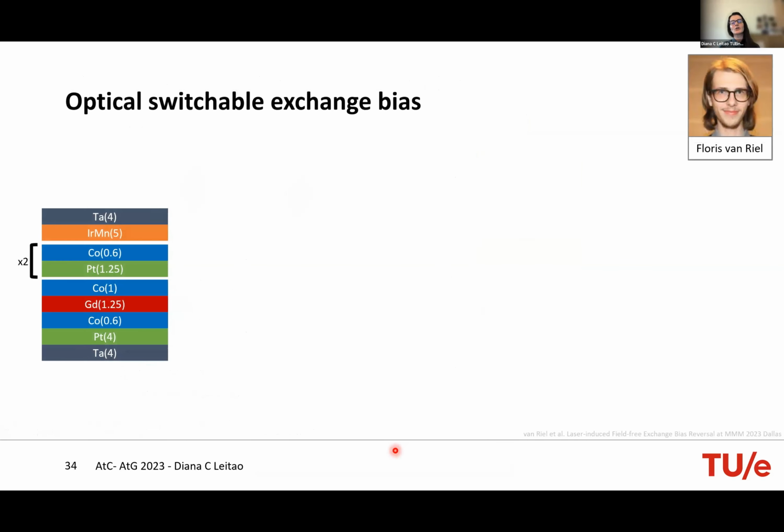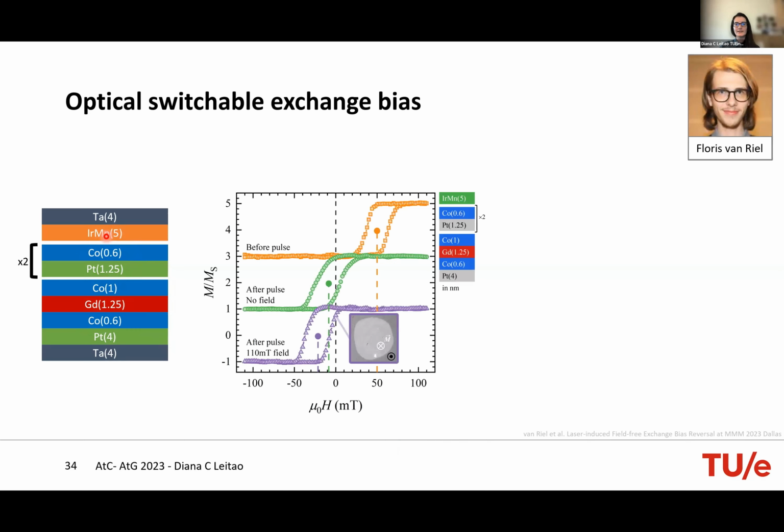So going back now to the work of Floris, the first step is to demonstrate that we are able to do that, and we start from a simple out-of-plane perpendicularly magnetized stack, embedding the optically active layer and the exchange bias bilayer, and its first results are quite promising.